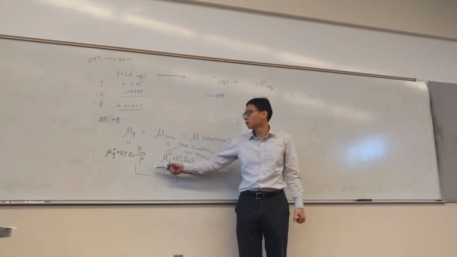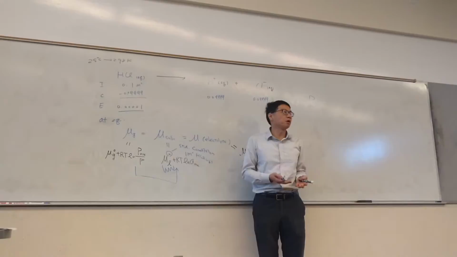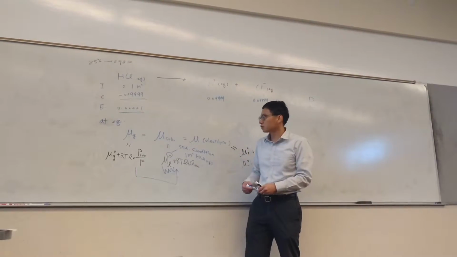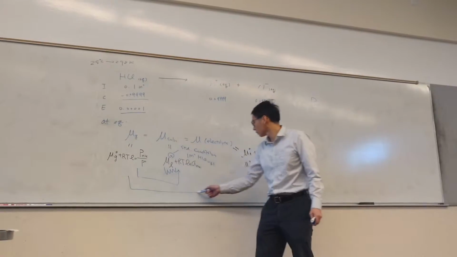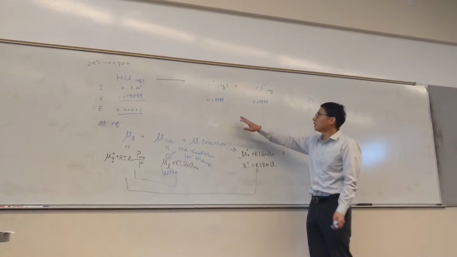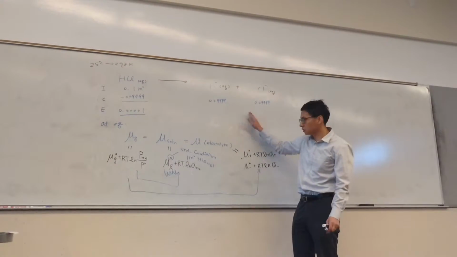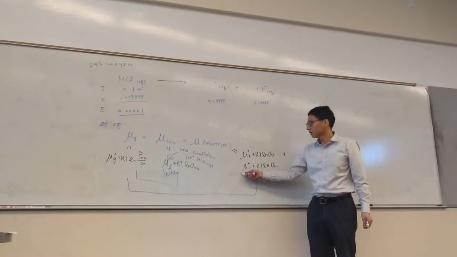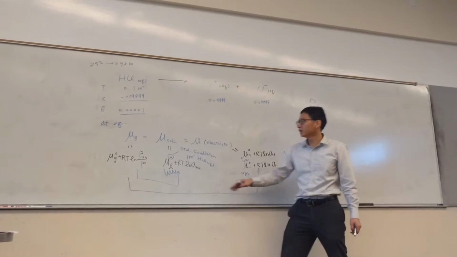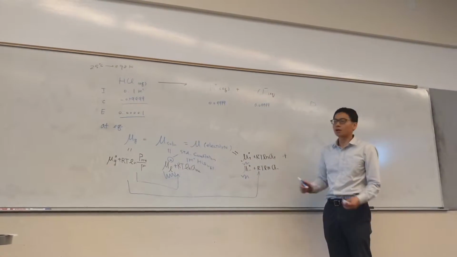So if you want to correlate this to this experimentally, it's just not possible. Instead, what we do is correlate this with this. Because right now you know this is going to give you these two species, so this is actually obtainable. So we're going to correlate this and this.